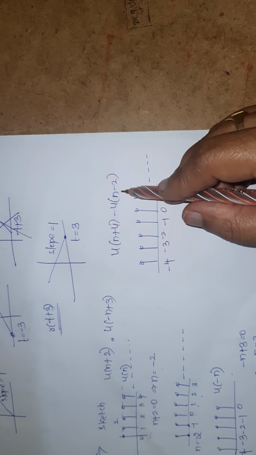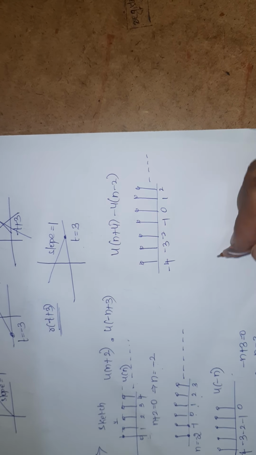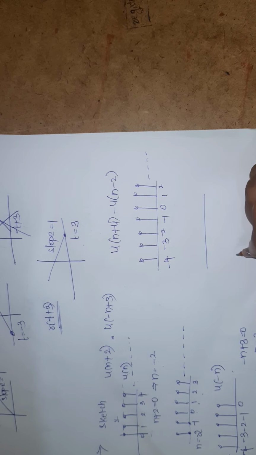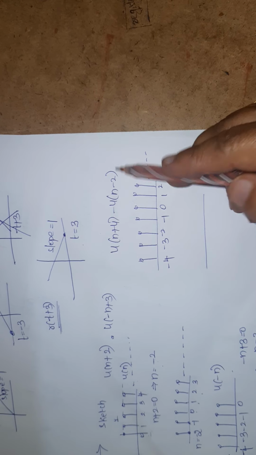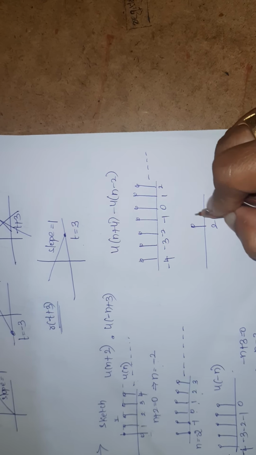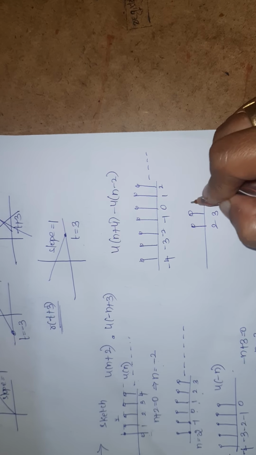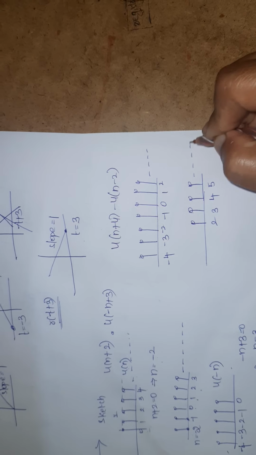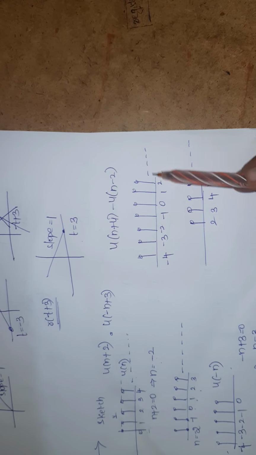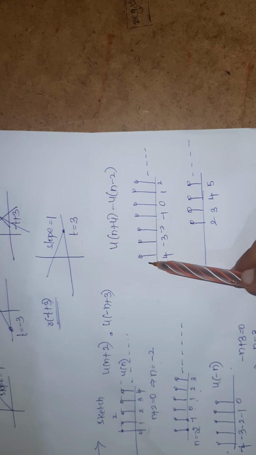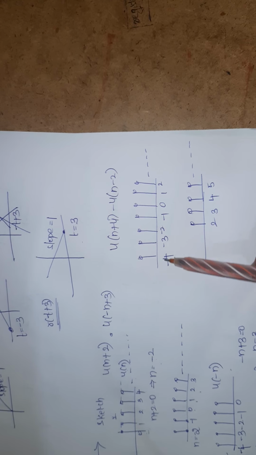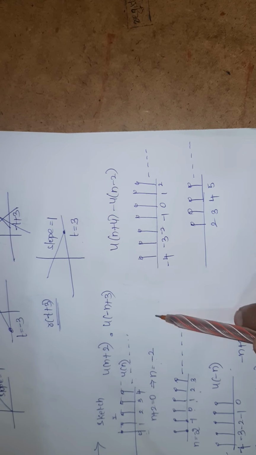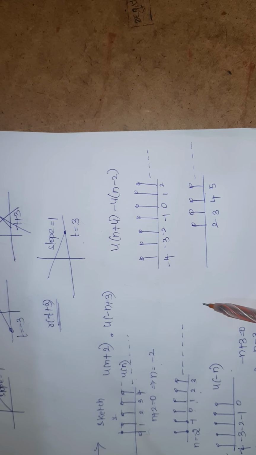The samples are starting from n is equal to 2: 2, 3, 4, 5 like this. We are having samples on the right side up to infinity, but no samples on the left side. After -4 no samples, after 2 no samples.